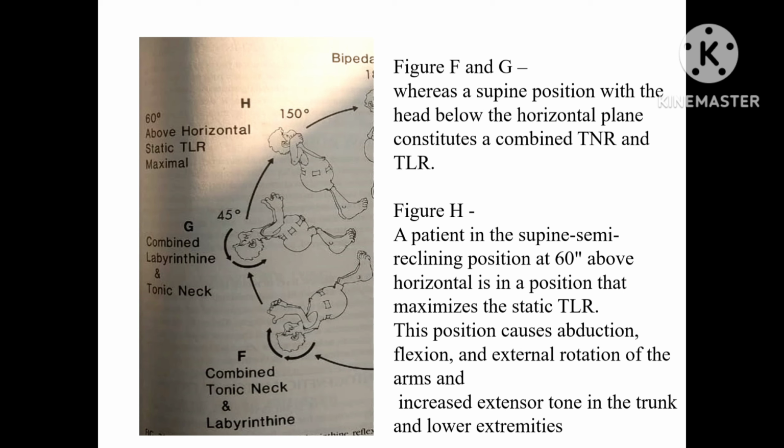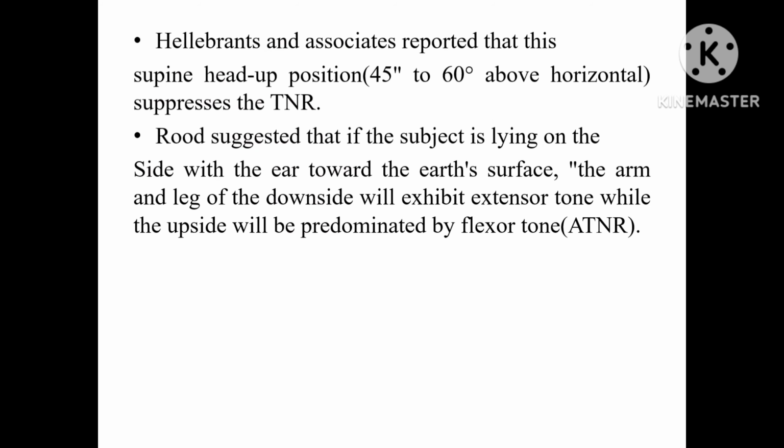In this position the tonic labyrinthine neck influence is less, but the tonic labyrinthine supine is predominant. So as you can see, there is more extension and abduction of the upper extremity. So mainly we can see that supine head-up positions will suppress the tonic neck reflexes.